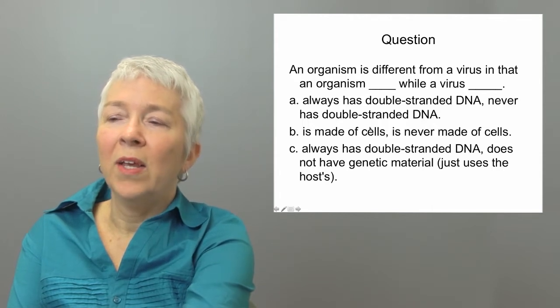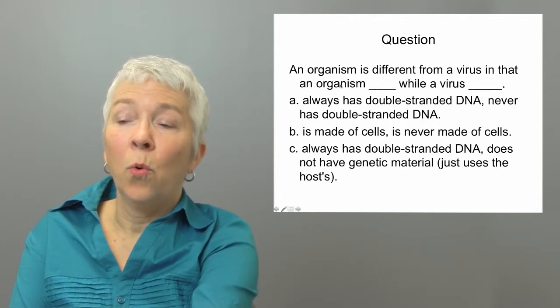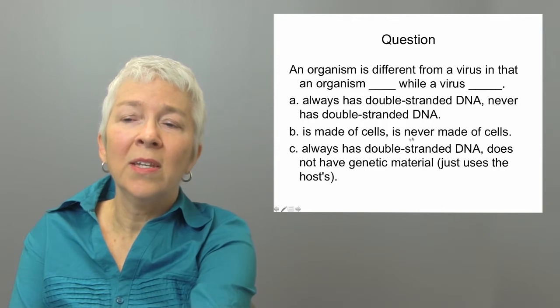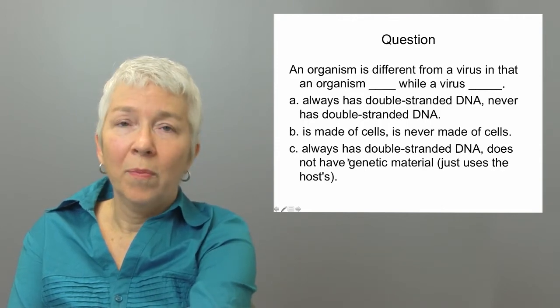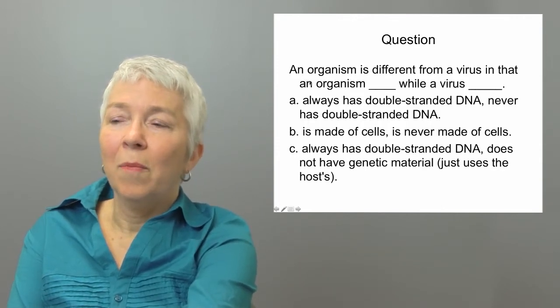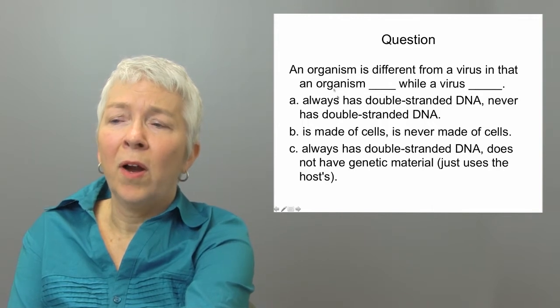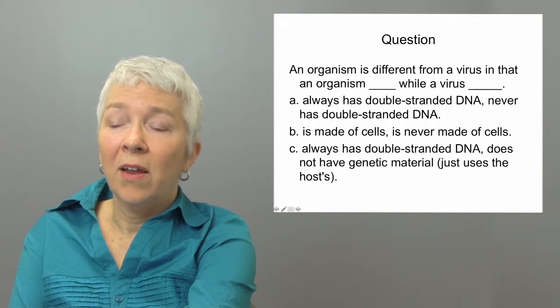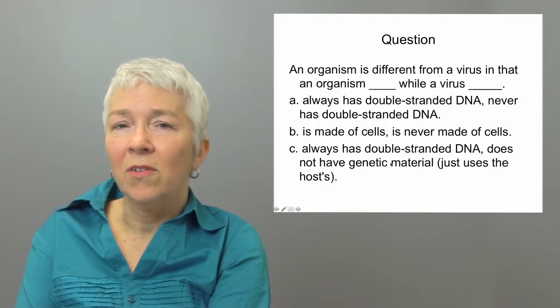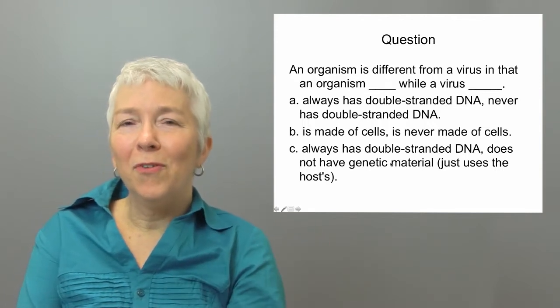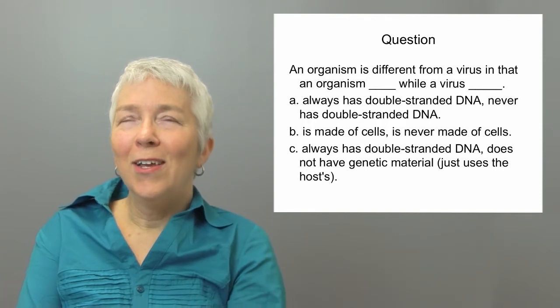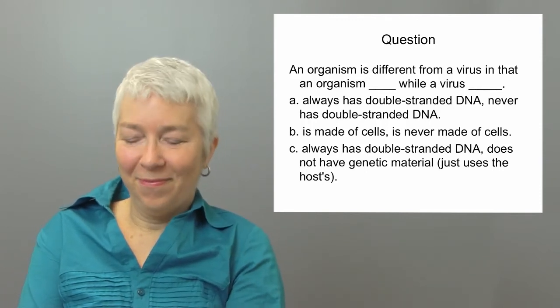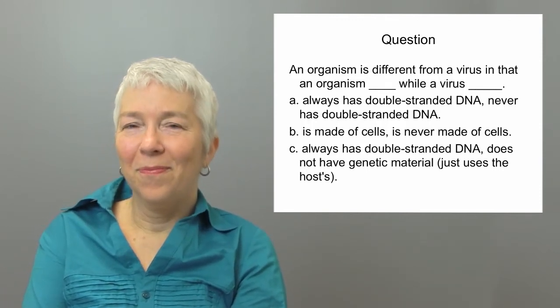We would pick B if you think it's an organism that's different from a virus, and an organism is made of cells, while a virus is never made of cells. Or if you want to pick C, then this would be completed: an organism is different from a virus, and an organism always has double-stranded DNA, while a virus does not have genetic material, it just uses the host's. So please pause the movie for a second while you consider your favorite answer.